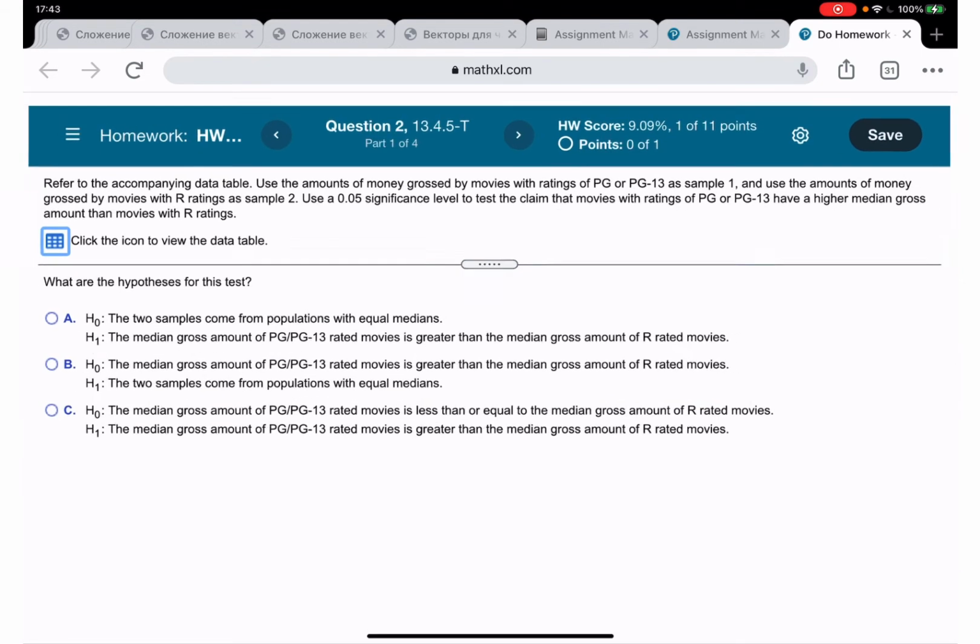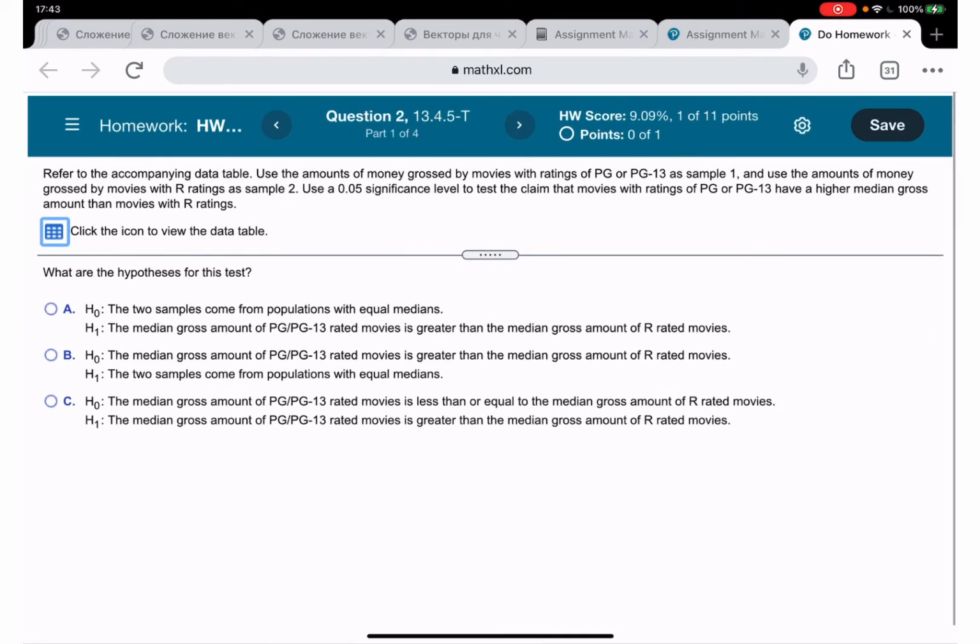And we don't know if they are from a normal distribution, since we are testing medians. Therefore, we are using the Wilcoxon rank sum test. It requires 2 independent and random samples, each with more than 10. And we have more than 10 for sure.